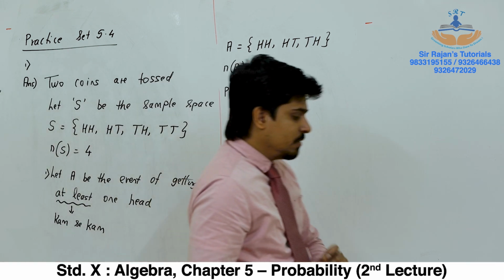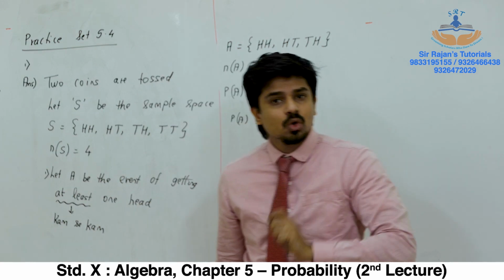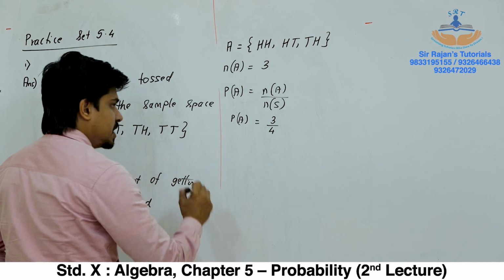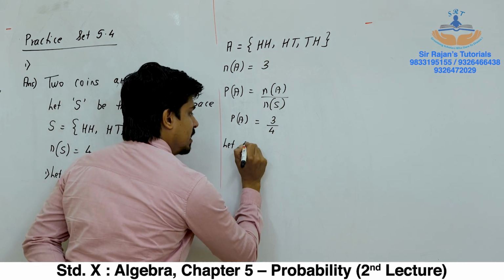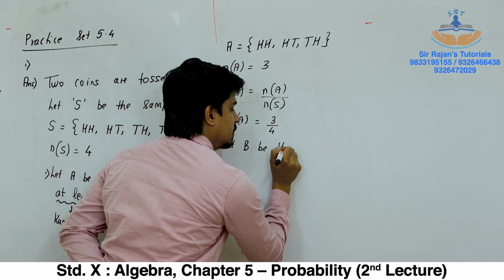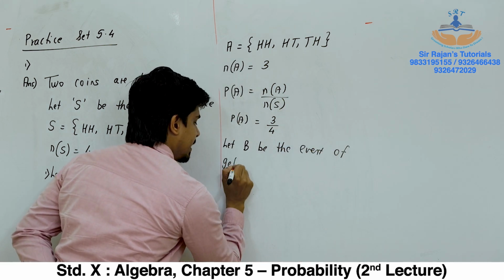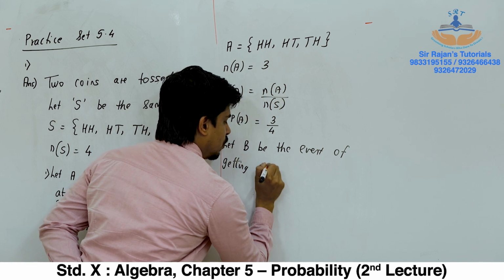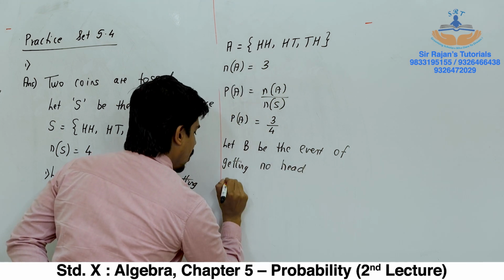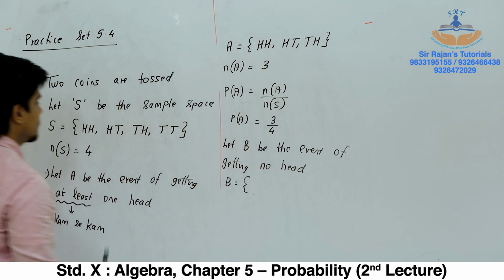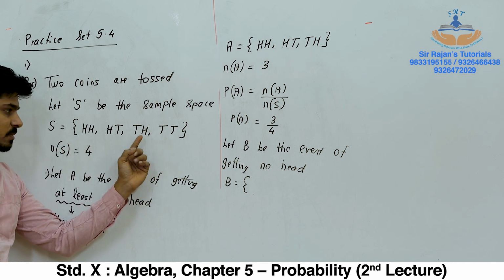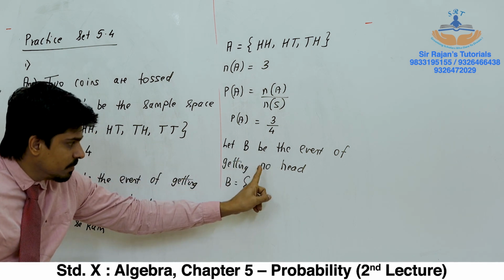Now this is your first part of the sum. Second part में the event is getting no head. इसका भी कोई notation नहीं है. First you write the notation. Let B be the event of getting no head. Go back to your sample space. Sample space में ये outcomes थे. Favorable outcome is what?